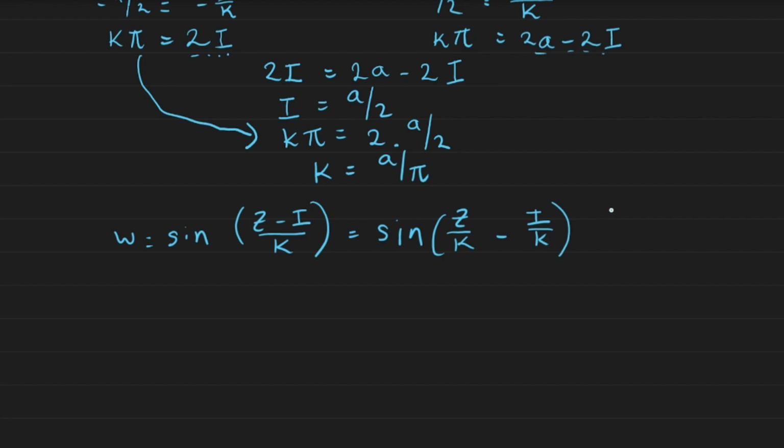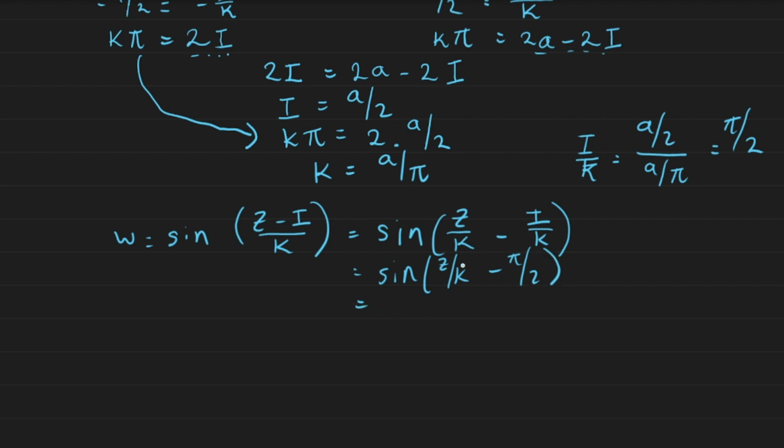And this i over k, let's just do it here, i is equal to a over 2, that's what i is equal to, and divided by k. k was a over pi. So this is clearly equal to pi over 2. So this term here is pi over 2. So we have sine of z over k minus pi over 2.